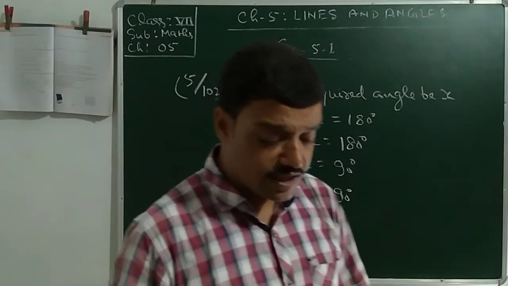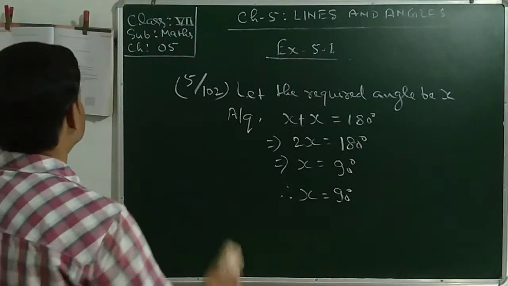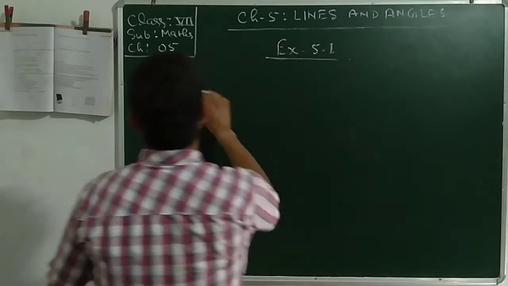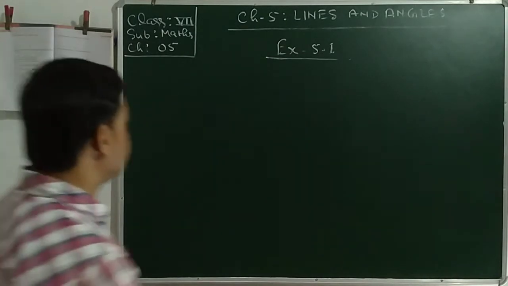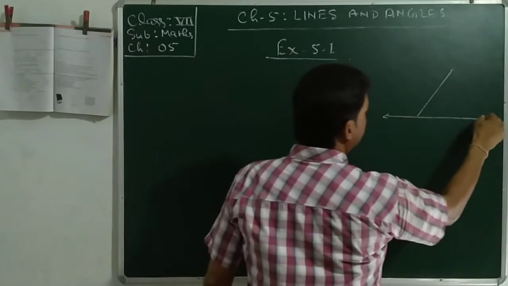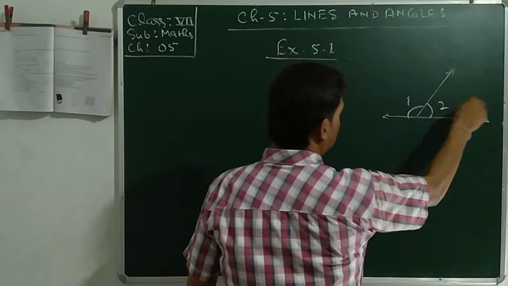Come to the number 6 sum now. In the number 6, in the given figure, angle 1 and angle 2 are supplementary angles. One figure is given there. This is angle 1 and this is angle 2.